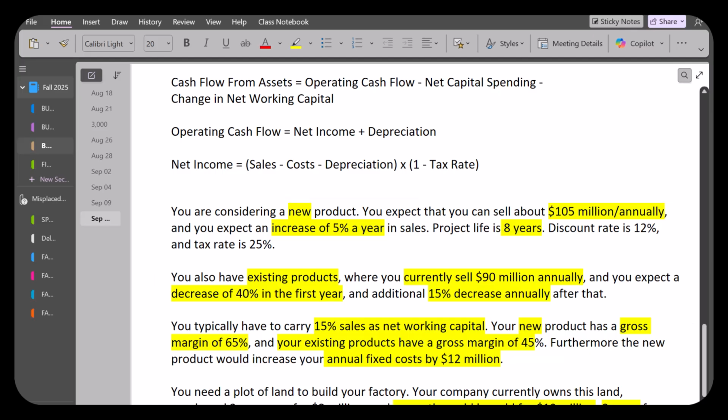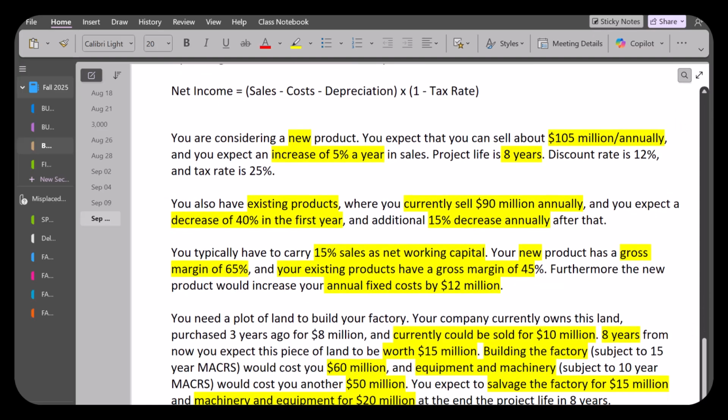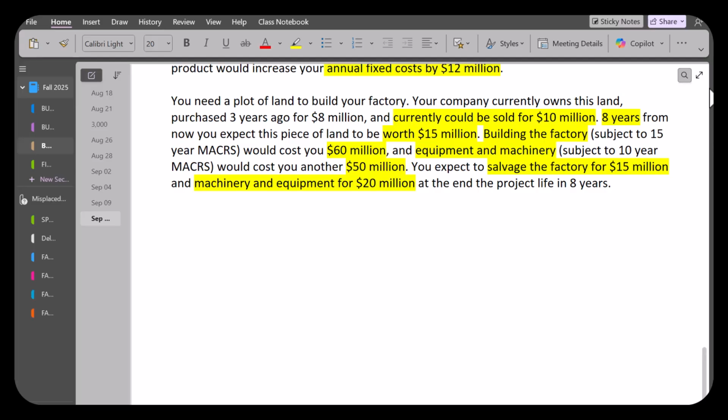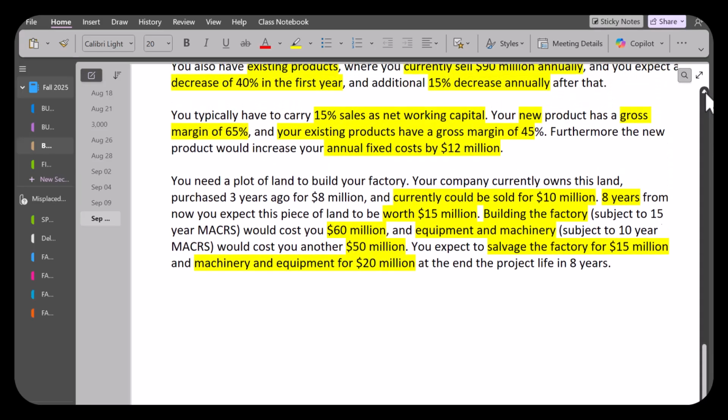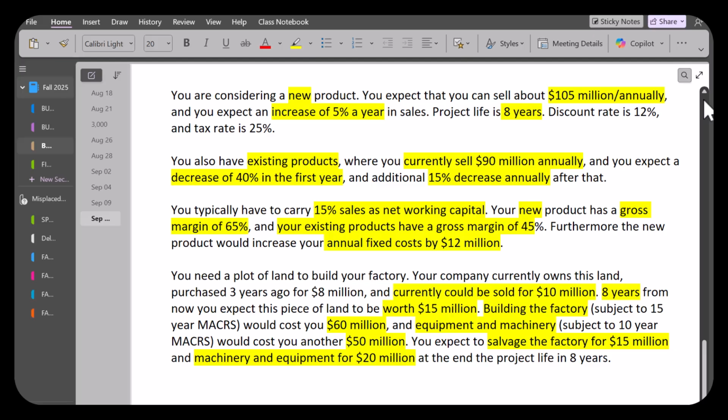Now we're going to do a rather involved project as an example that has all sorts of bells and whistles so that we can address different issues.